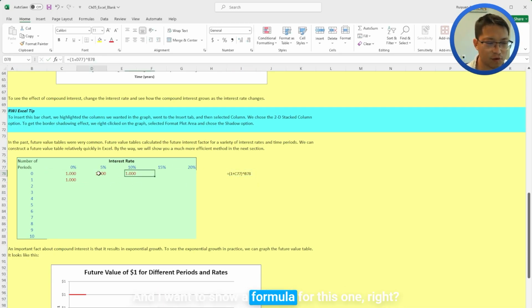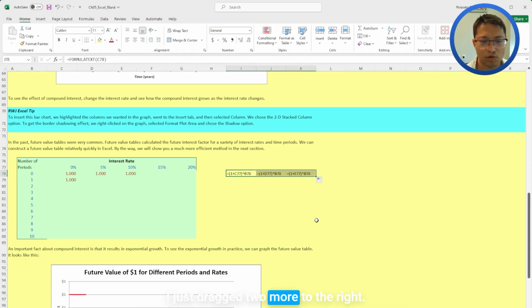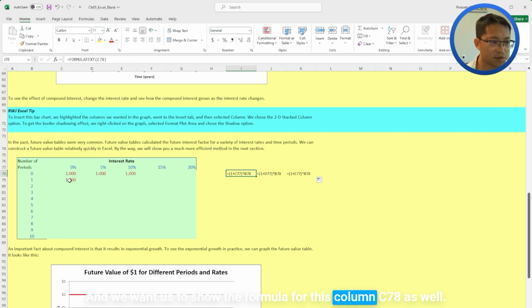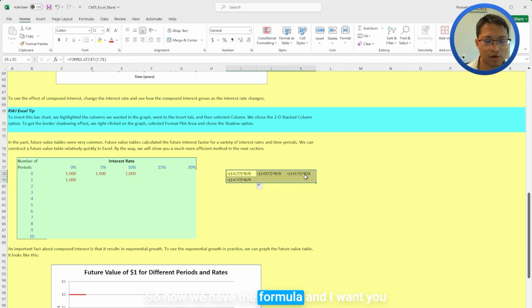And I want to show a formula for this one, right? So we don't have to type in this. I just drag two more to the right. It will show the formula for this one and this one, right? And we want to show the formula for this column C78 as well. So now we have the formula.